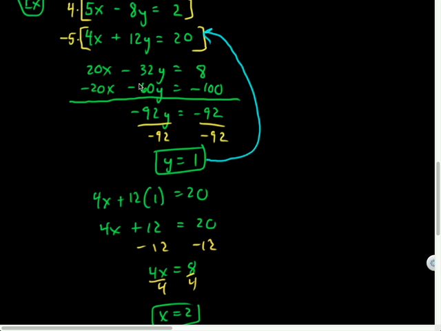Or if you get something like 10 equals 10, a true statement, then you're like, aha, there are infinitely many solutions, and they happen to be the solutions that lie on either of the equations because they happen to be the same equation.